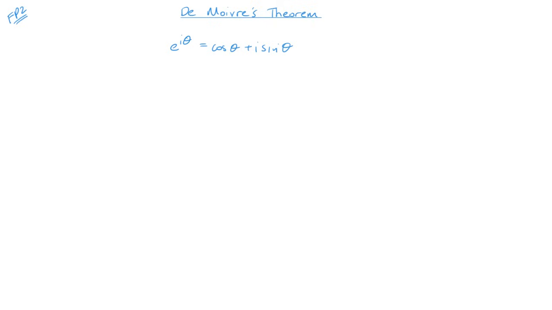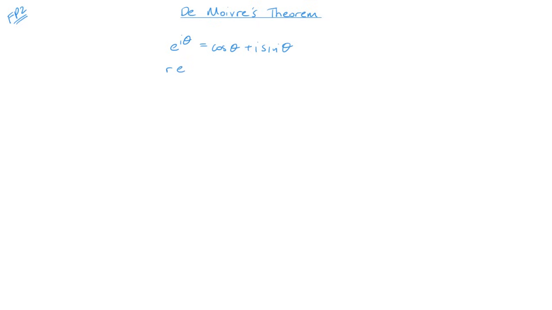So, our z equaled r cos theta plus I sine theta, or r e to the I theta. So this is Euler's relation. Now we can go ahead and use this to find de Moivre's theorem.